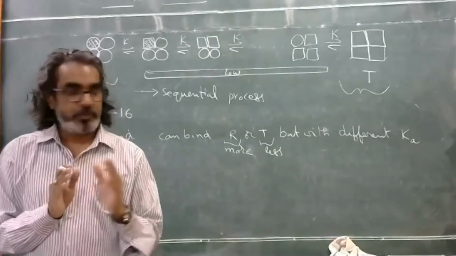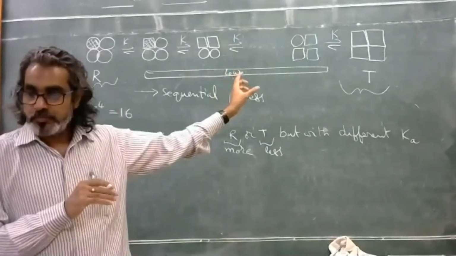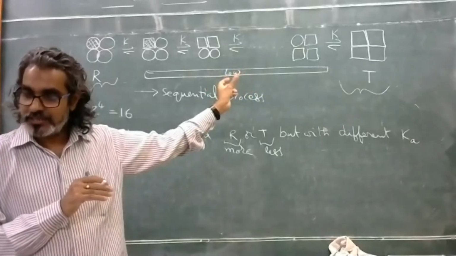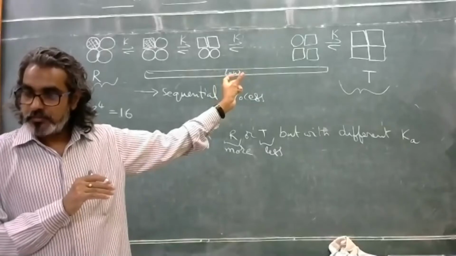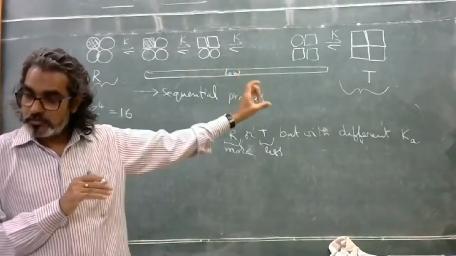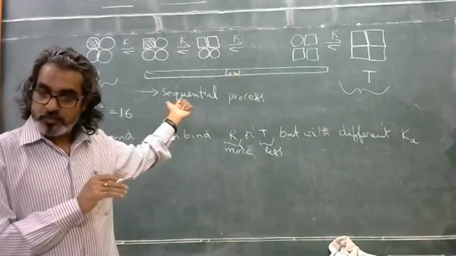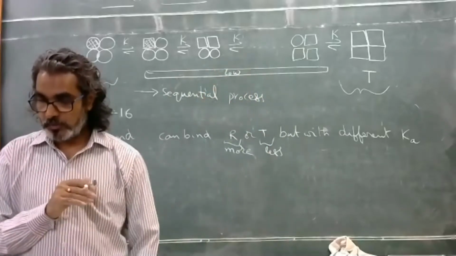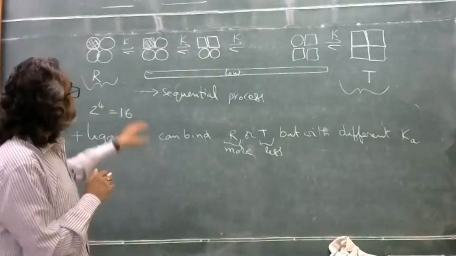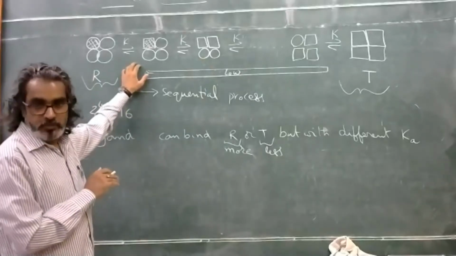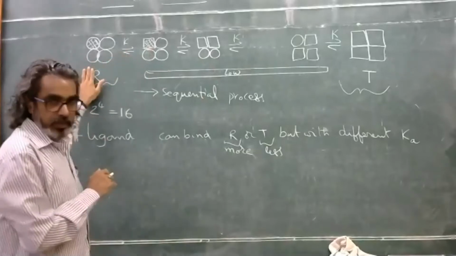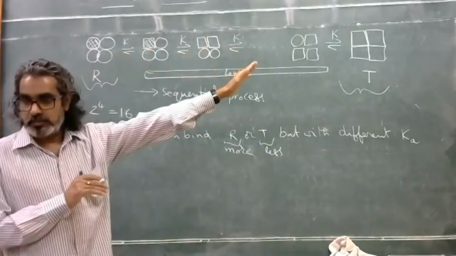It means that if the molecule is in tense, the moment one of these subunits wants to turn to relaxed, either it makes sure all other three are turned, or it goes back to the tense state. So this is a cooperative process. Basically these equilibrium constants are either high towards the relaxed or high towards the tense.